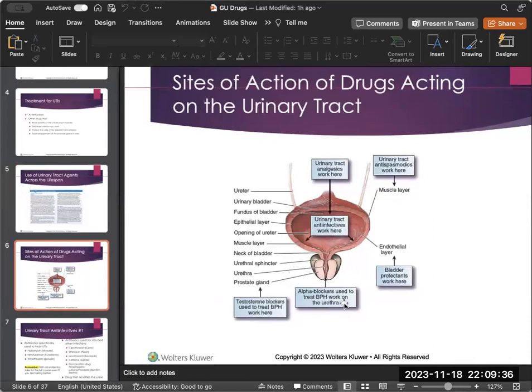Those alpha blockers, which are used to treat BPH, work in the urethra. Those bladder protectants work in the endothelial layer, okay, which is the innermost layer, where all that urine is. And the urinary tract anti-infectives really work inside of the muscular layer, okay?